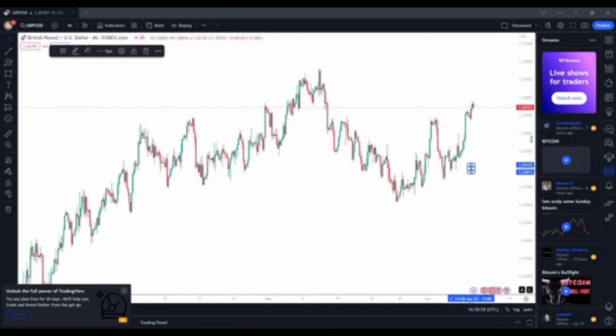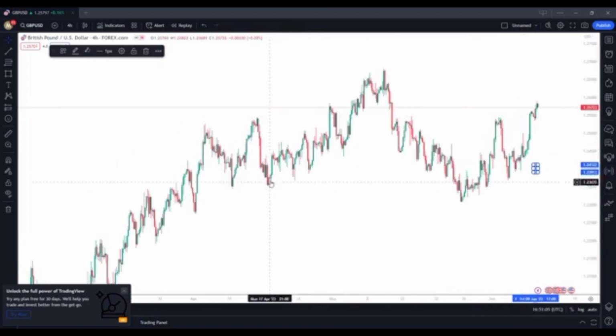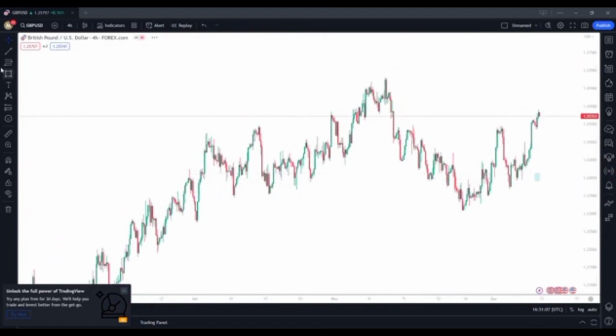And then we are going to see how in those areas, in those zones, the market has been reacting, the market has been rejecting. If it was going up before, it will drop. If it was coming down before, it will start going up.